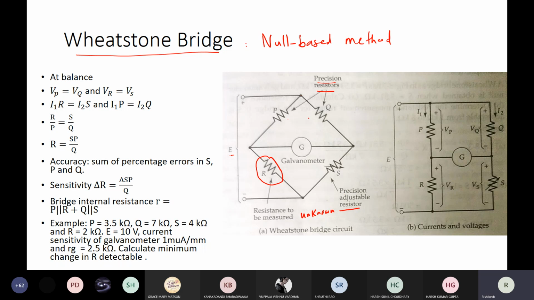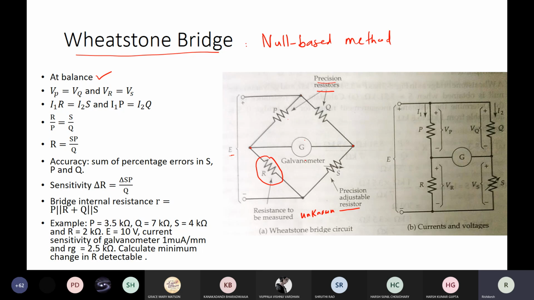You achieve a balance condition by connecting a galvanometer, which is nothing but a very highly sensitive PMMC instrument, across the 2 terminals shown here.